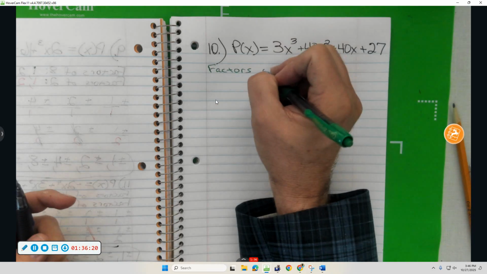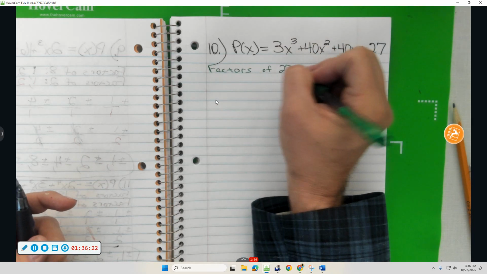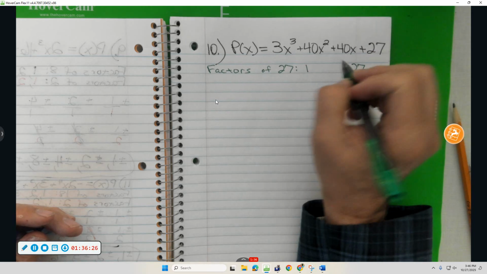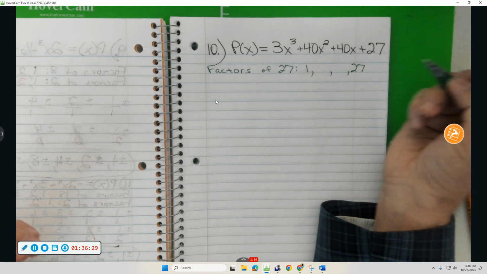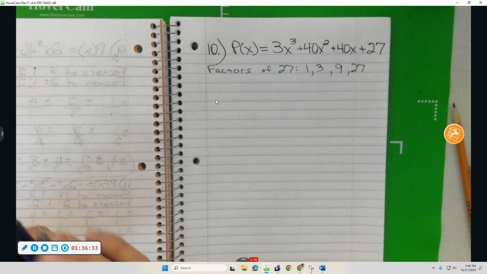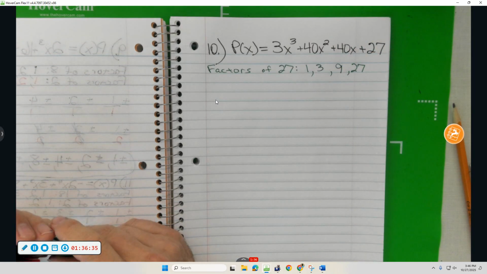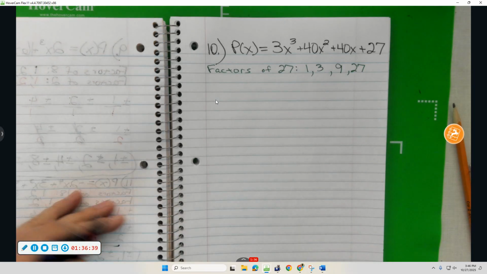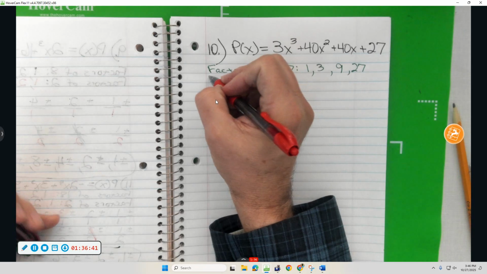What numbers divide evenly into 27? Well, there's 1 times 27. What else? 3 times 9. And that's it. Then we need the factors of what number? The factors of 3, the leading coefficient.